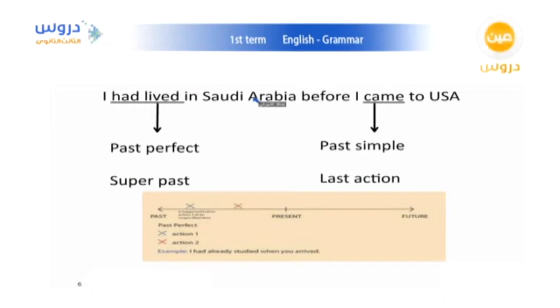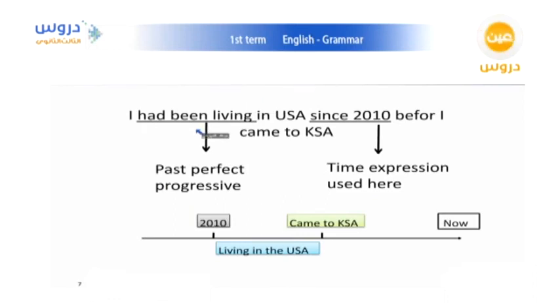So as we said, two events or actions, but the past perfect happens first. I had lived in Saudi Arabia before I came to United States. Here is the past perfect progressive, which is almost the same idea, but it shows that the first event continues, or for example goes on.